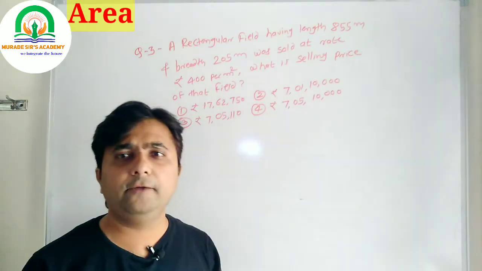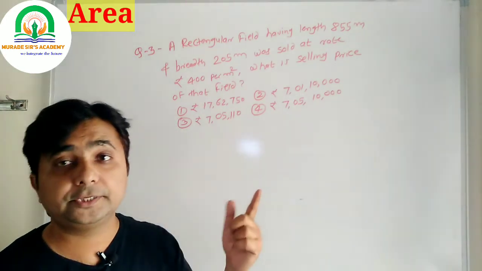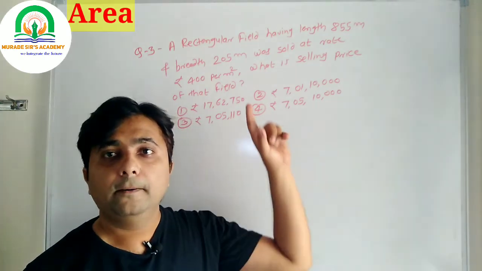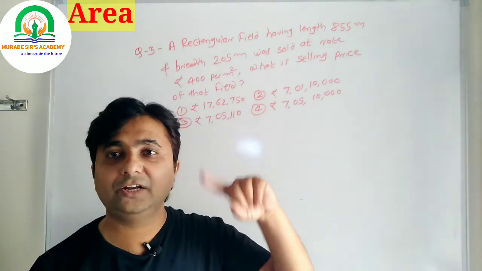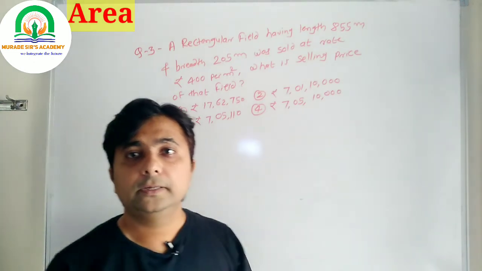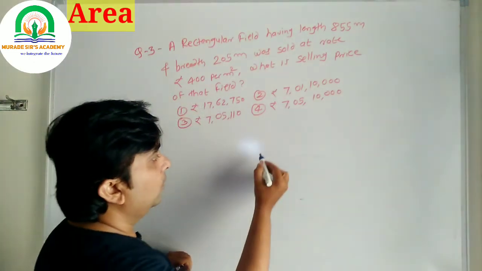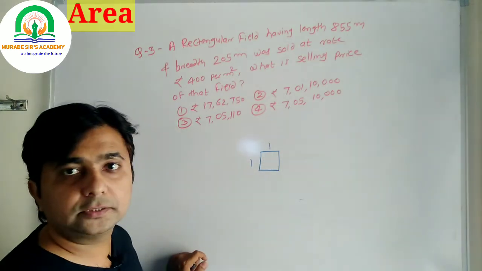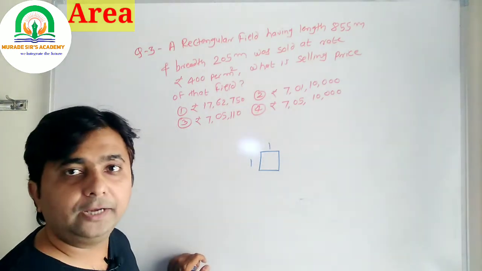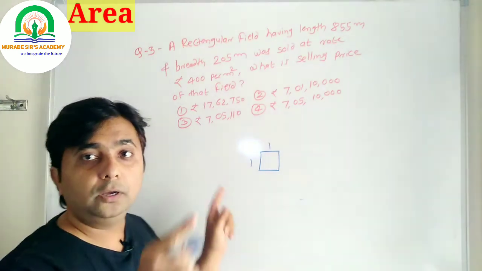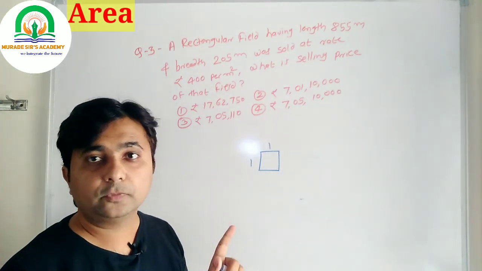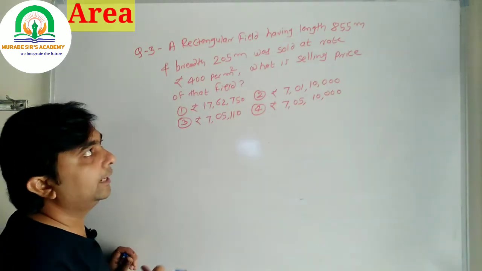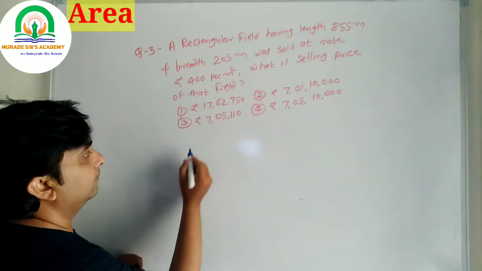In daily life also, if we want to purchase a flat or plot, they tell the length and breadth of that flat or plot, and they tell the price per unit area. From that we calculate the whole price. First we calculate the area of the rectangle.